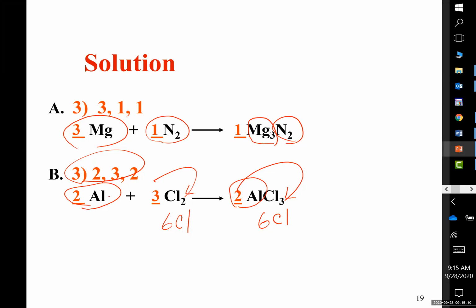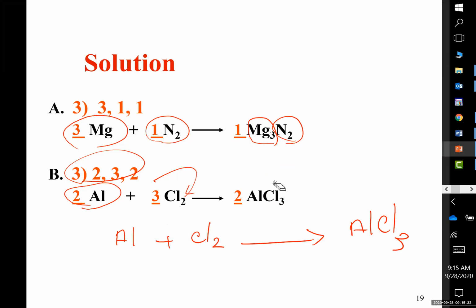Yeah, I have a question. Could you explain B and how you went about balancing that? Okay, you reacted Al and Cl2 to get AlCl3, right? So that was the question.